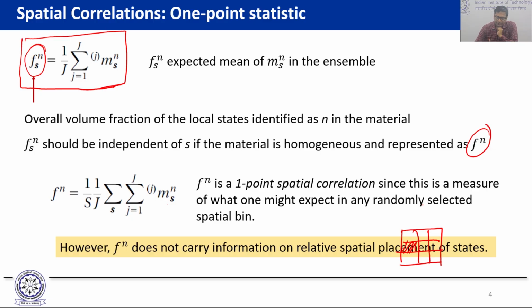Now, this is pretty useful because it can give me an idea about the probability of finding one specific phase or one specific local state in a given region of the microstructure, but it does not give me any further information in terms of how the phases or states are placed relative to one another in that microstructure. And therefore, instead of looking only at this 1-point spatial correlation, we start moving towards the 2-point spatial correlation, or the 2-point statistics.